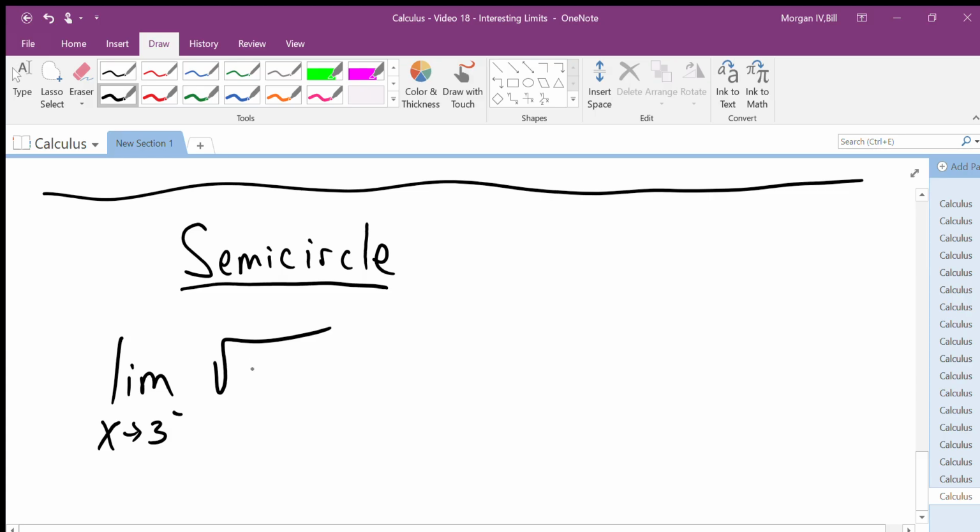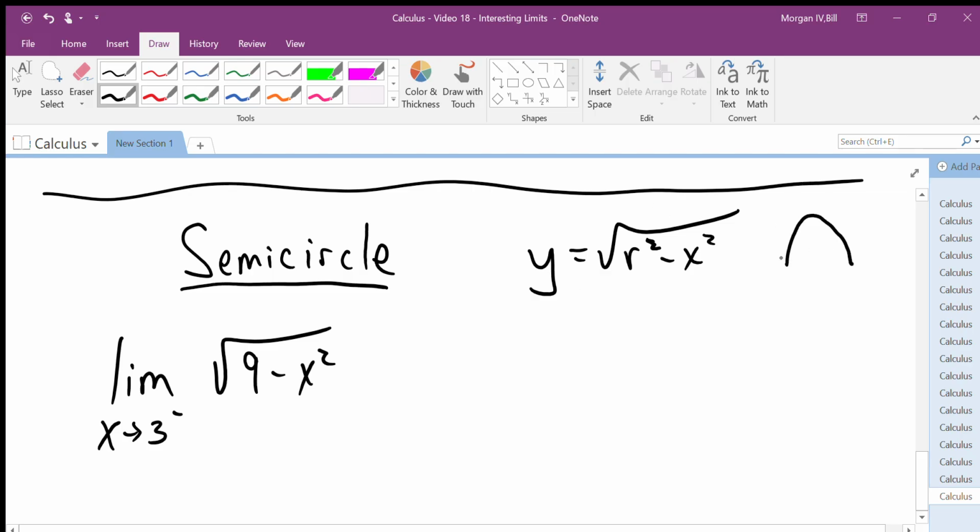The formula for a semicircle is y equals the square root of r squared minus x squared. This would be the top half of the semicircle of radius r. Or y equals negative square root of r squared minus x squared. That is the bottom half of the semicircle.